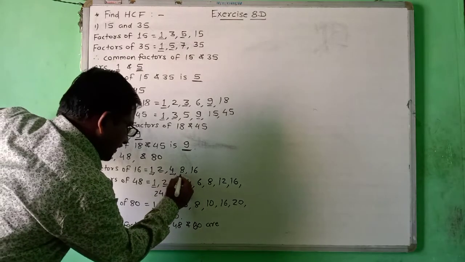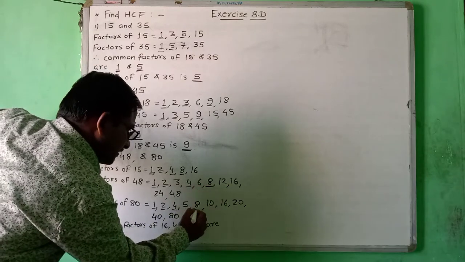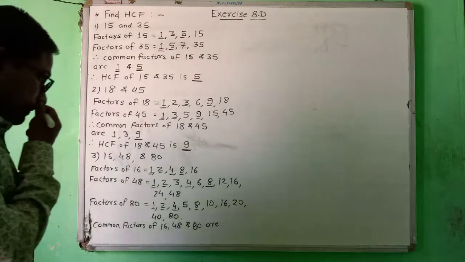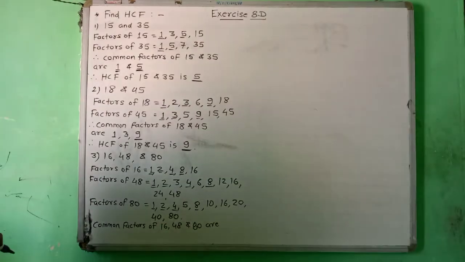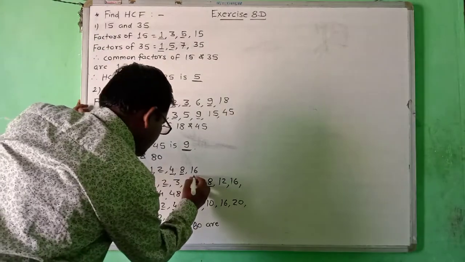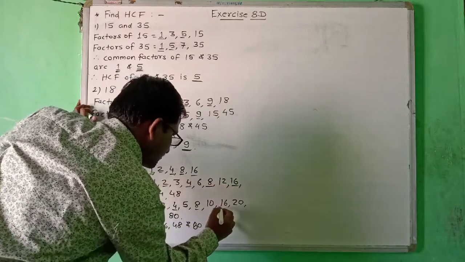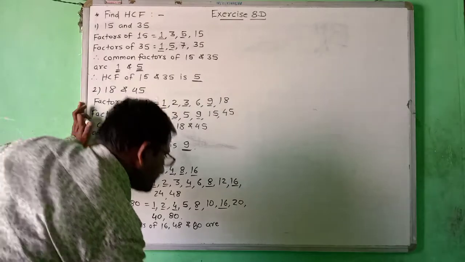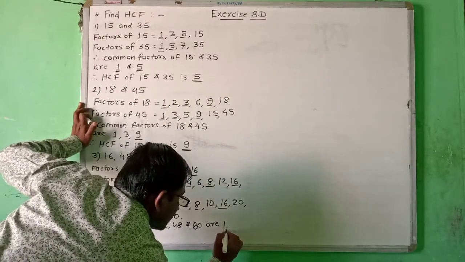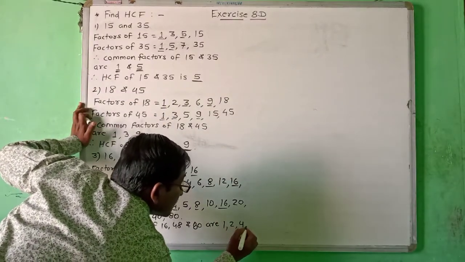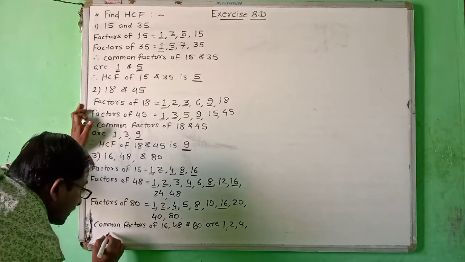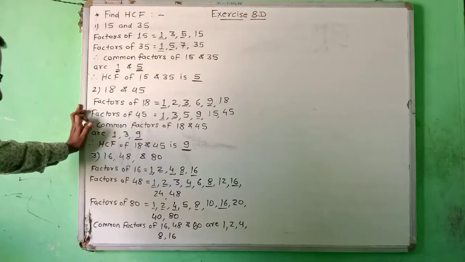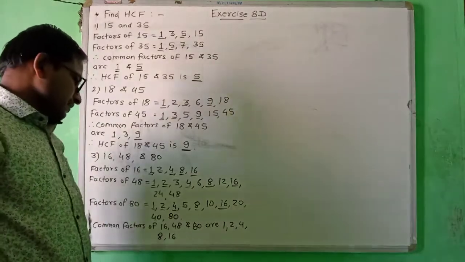Then 8, 8, 8. And then 16 also, 16, 16, 16. Means 1, 2, 4, 8, 16 are common factors.